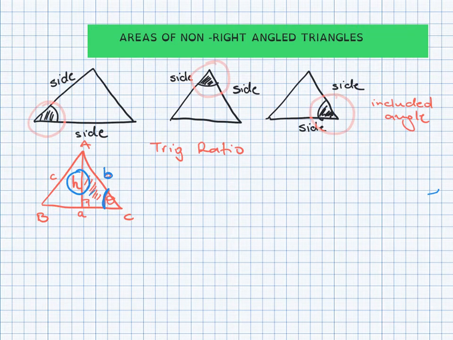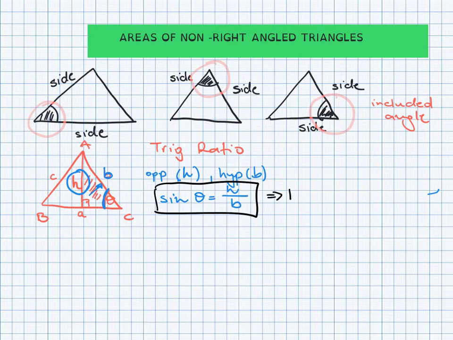How do we know that the hypotenuse is always opposite the right angle? We have the opposite labeled H, and we have the hypotenuse given, which is B. Looking at this, we can see that the trigonometric ratio we should use involves sine: sine theta is equal to opposite, which is H, over hypotenuse, which is B. Now, from this trigonometric ratio we can find what the height is equal to.